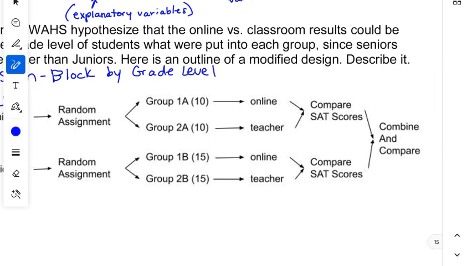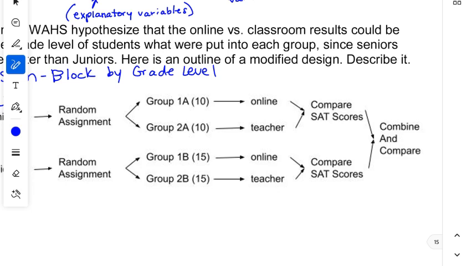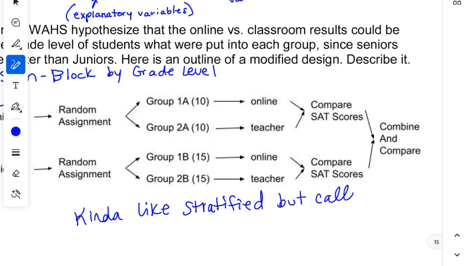And you'll compare the seniors to each other. And then you'll compare the juniors to each other. And then you do an overall comparison. So it's kind of like stratified, but it's called blocking in an experiment.